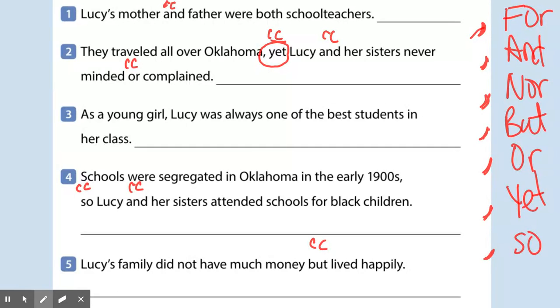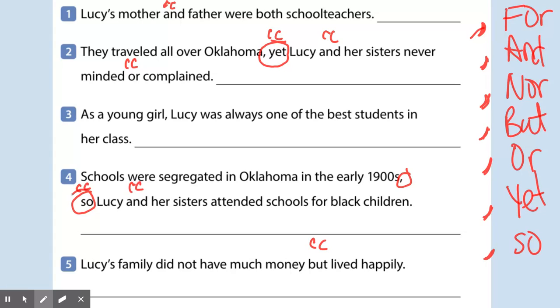Number 4, I'm looking, there is a comma right there. Okay, but there isn't one with and. And number 5, there isn't a comma after month, so that's not one. Okay, so I know basically without even reading these sentences, because of the punctuation, that 2 of them are compound, 3 of them are simple. But now we're going to prove it.